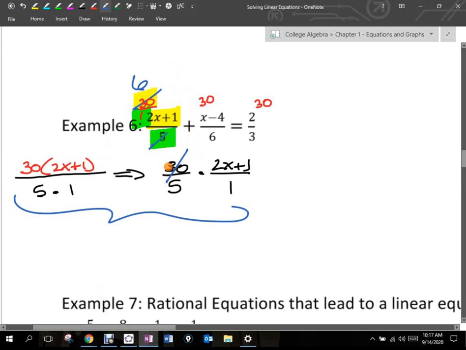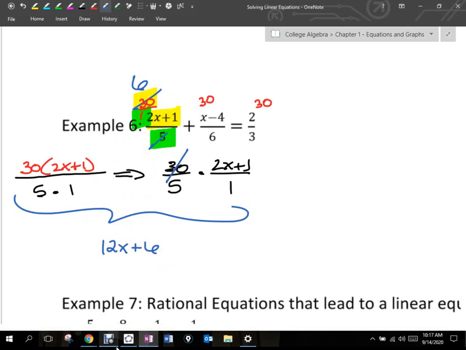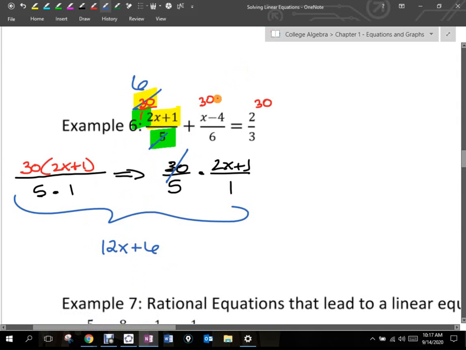So now I'm going to have 6 here, and I'm going to multiply that by the 2x plus 1. So that's going to give me 12x plus 6. Same thing's going to happen over here in this next fraction. I'm going to cancel 30 and the 6, so that's 30 over 6, which is just 5.